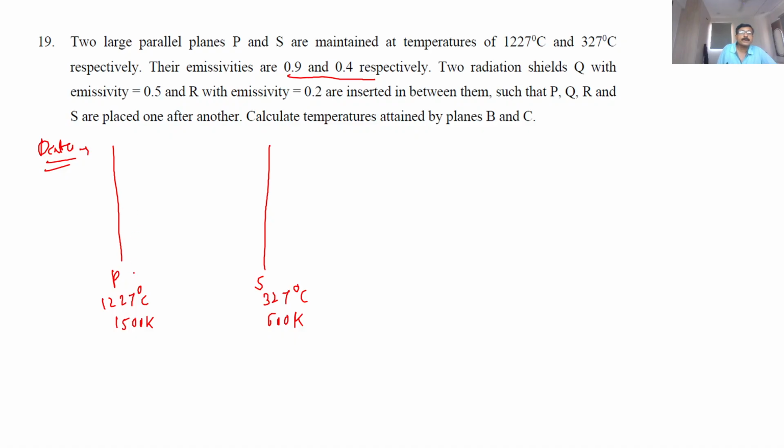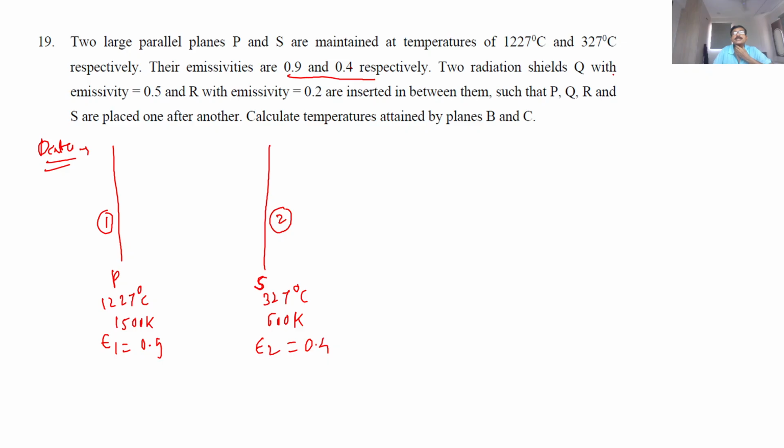Means P I consider as 1. Okay, just 1 minute. P I give the number 1, S I give the number 2, our usual practice, the first is 1, the second is 2. Okay, 1 and 2. So epsilon 1 is 0.9 and the other is epsilon 2, meaning the plate S, which is 2, epsilon 2 is how much? 0.4.